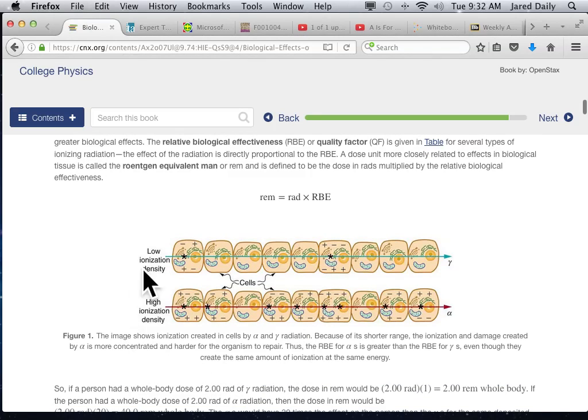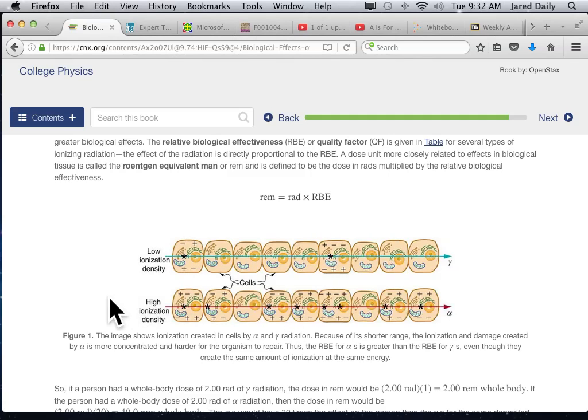So here you have gamma radiation, which is of course your light radiation, right? And then you have the alpha radiation, which is the alpha particle radiation, right? And you have all these cells lined up in here, and you're seeing what's going on with ionization. You have ionization in this first cell here, a little bit, but you have a lot of ionization a little bit further in.